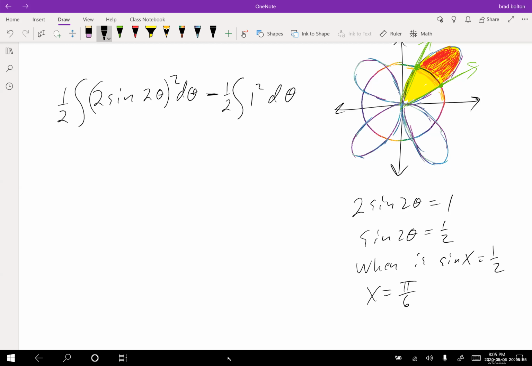And when else? Let's draw the unit circle. When else would it be 1/2? Right here, I believe. So this is pi/6, and this is 5 pi over 6. The problem is we don't have x equals, we have 2 theta equals.